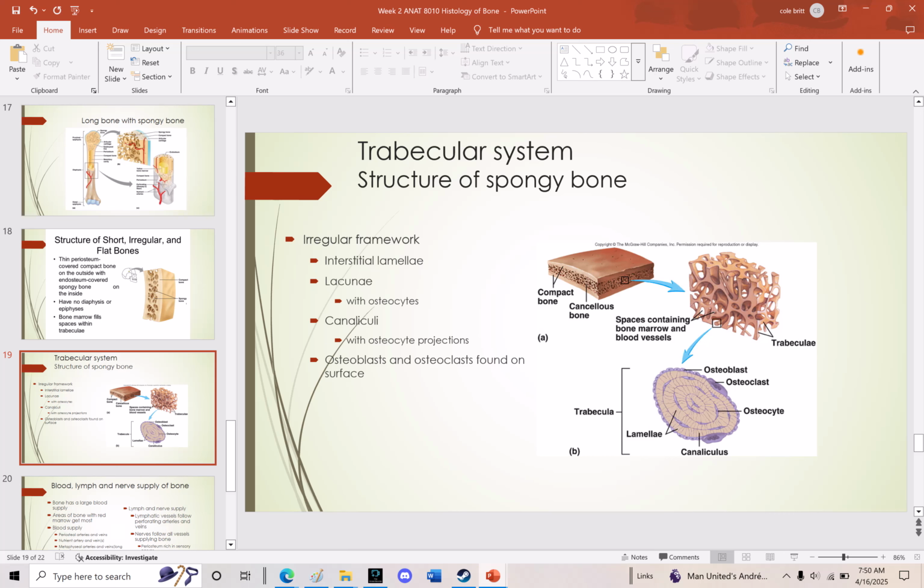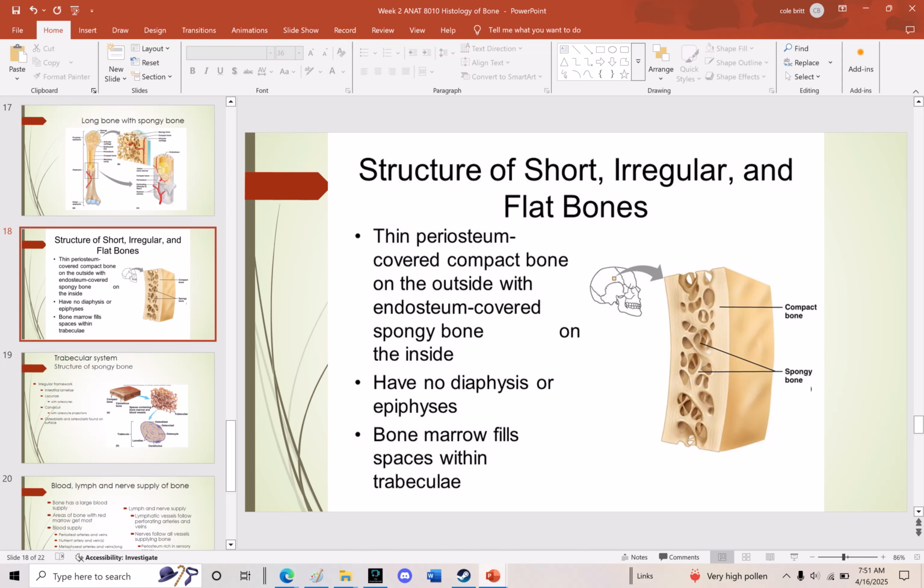Now, we find that spongy bone inside these cranial bones, and typically when we find it in the cranial bones, we call it the diploe. D-I-P-L-O-E, with two dots over the E. That's specifically the name we call spongy bone when we find it in the skull, and specifically in those flat bones.